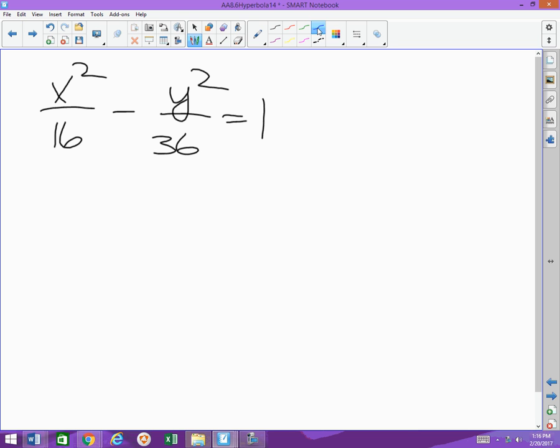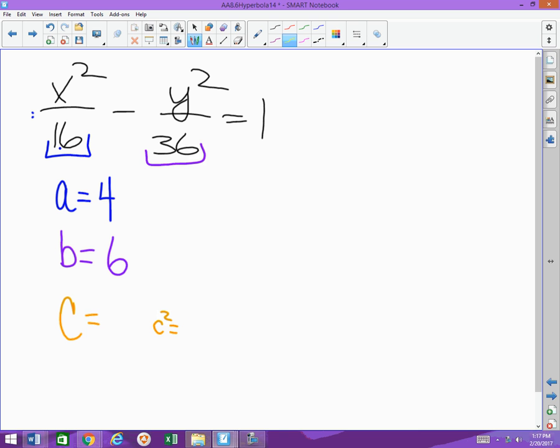So the first thing we know is the value of A is equal to 4, because the positive one is A. The value of B is equal to 6, because the square root of 36 is 6. And the value of C is equal to, so our equation is C squared equals A squared, which is 16, plus 36.